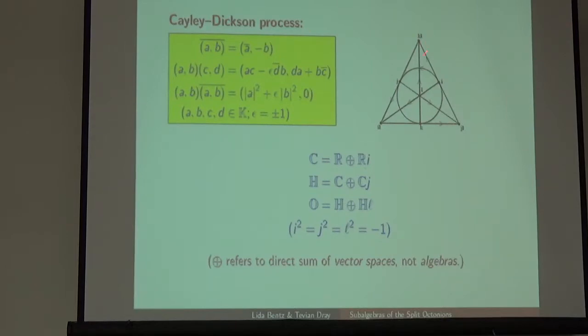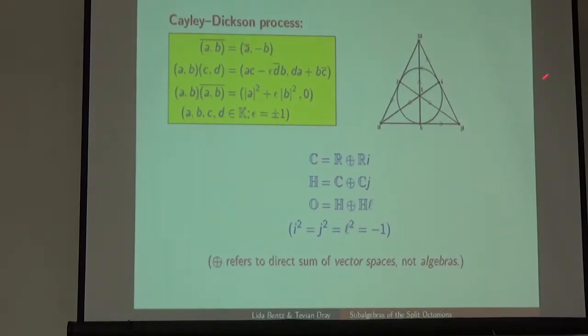Anyway, here is, for those of you who might not have seen it before, or possibly if you have, the nice encoding of the multiplication table of the Octonions. The Octonions are not associative, they are alternative. The Quaternions, of course, are not commutative, but are associative.